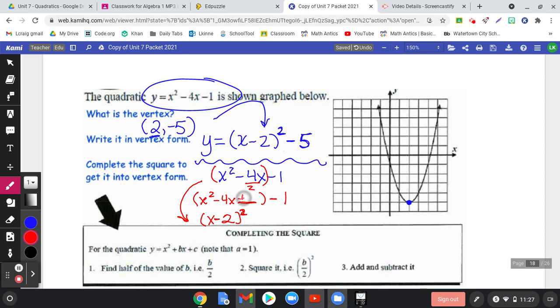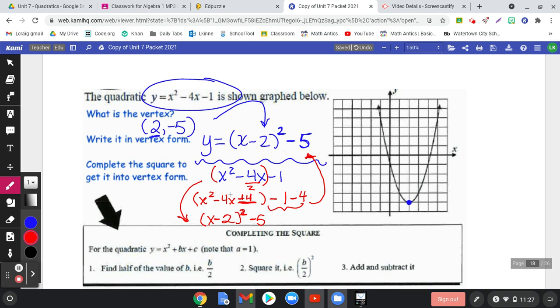So this should be a plus 4 if it really was completing the square. Well, you can't just randomly put a plus 4 into the equation. So to balance it, we're going to put a minus 4 out here. And what you might notice when you combine those, you get negative 5, which is what you had up here. That's completing the square in a nutshell.